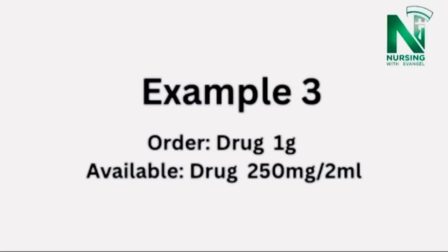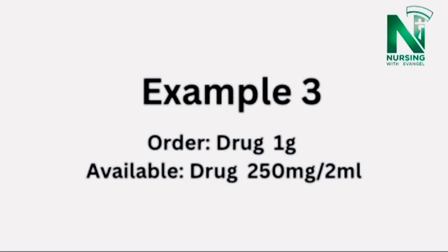So we have the third one. This one may seem a little bit complex, but you've got this. You can solve it. The doctor prescribes 1 gram of a medication, and this medication comes in 250 milligrams per 2 mils. It means that every 2 mils of this medication contains 250 milligrams of the solution.